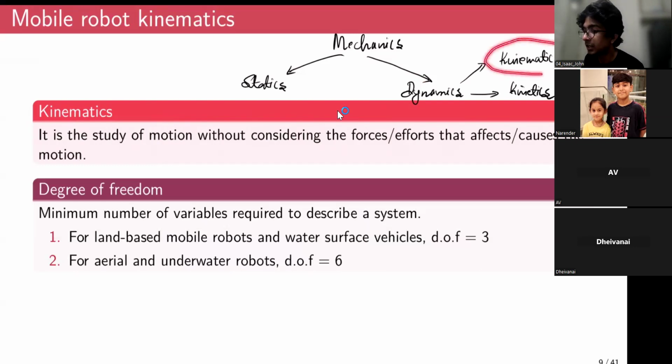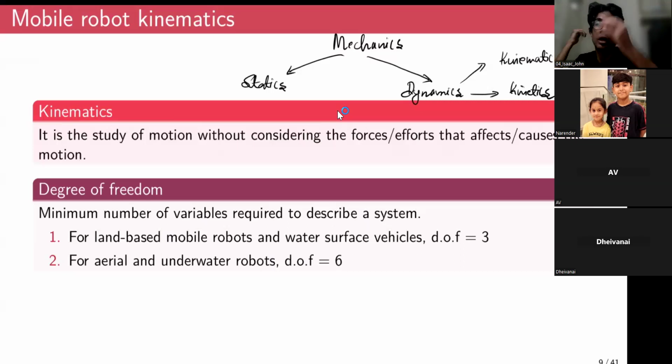So kinematics only deals with motion. It only deals with motion, but it ignores what actually causes the motion, right? For example, if you consider an object at rest, and you're applying a force, due to this unbalanced force it'll achieve some acceleration, and eventually, due to friction and probably air resistance, it comes to a stop.